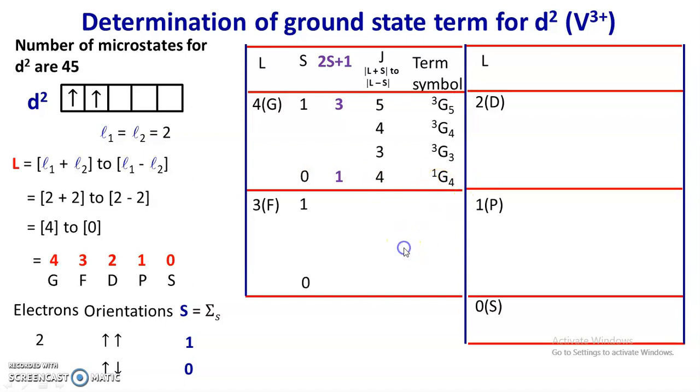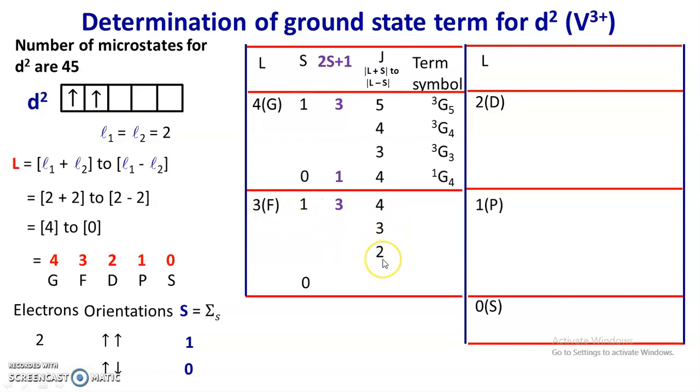Now consider the coupling of the S values, that is 1 and 0, with L equal to 3. When S is equal to 1, the multiplicity is 3. When L is equal to 3 and S is equal to 1, the possible J values are 3 plus 1, that is 4, to 3 minus 1, that is 2.